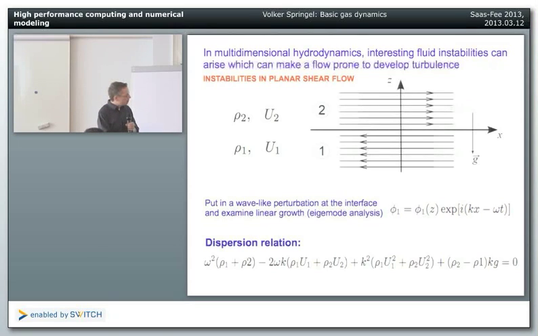You plug this in here, and then you will get exponential growth. So if this dispersion relation has imaginary solutions, it will trigger instability. This is sort of how this is derived and analyzed. And from this, we'll then also have the growth rate, because we'll then have the exponential growth. So the dispersion relation will also give us the growth rate if it's unstable.